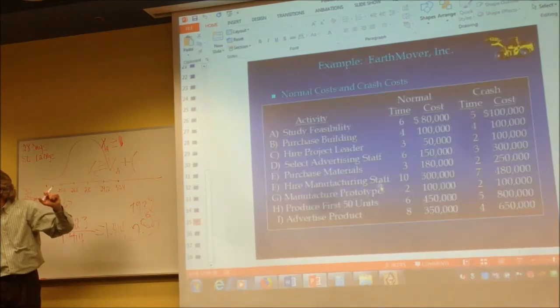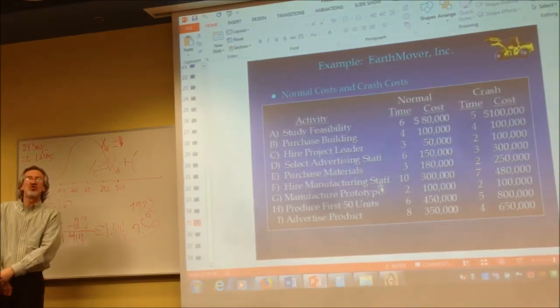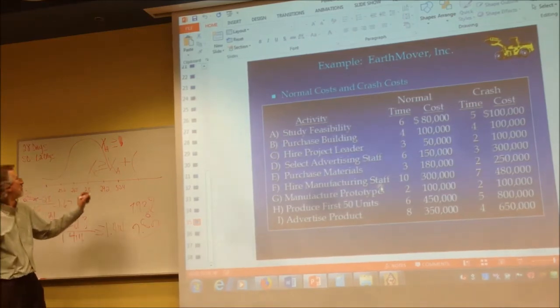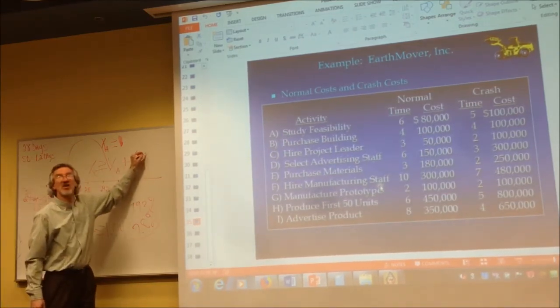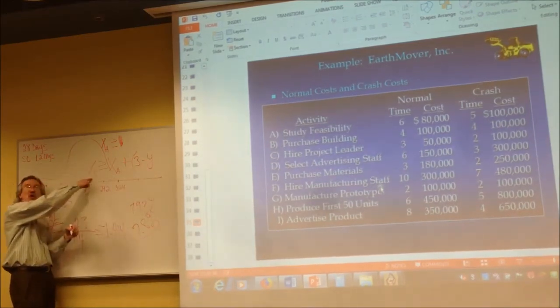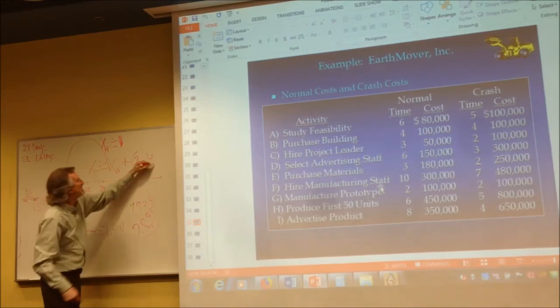So what's the normal or usual amount of time C would take if we were not crashing this? 3. Minus the Y variable for whatever activity you're writing this for, which is C.